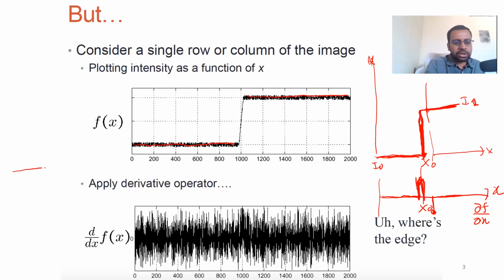Just think about another profile. Assume this is my profile. Can you tell me what would be the profile of ∂f/∂x here? Let's first see till here. What is the profile till then?